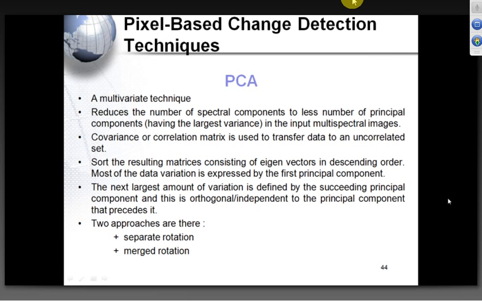Covariance or correlation matrix is used to transform the data to an uncorrelated set. Sort the resulting matrices consisting of eigenvectors in descending order. Most of the data variation is expressed by the first principal component.